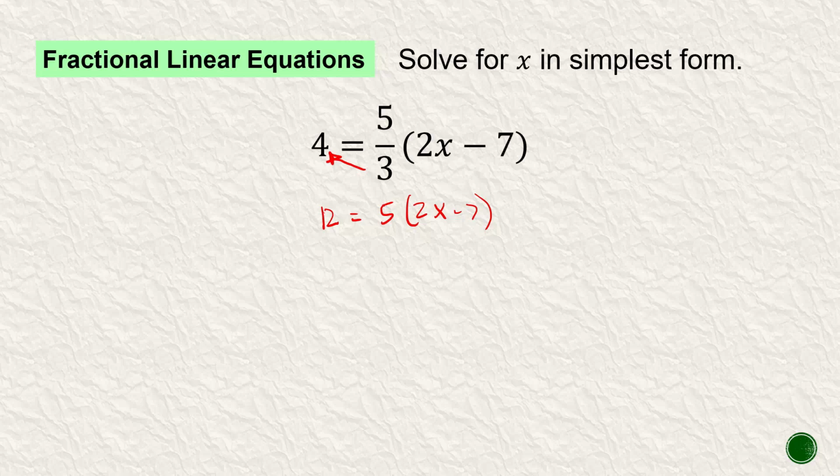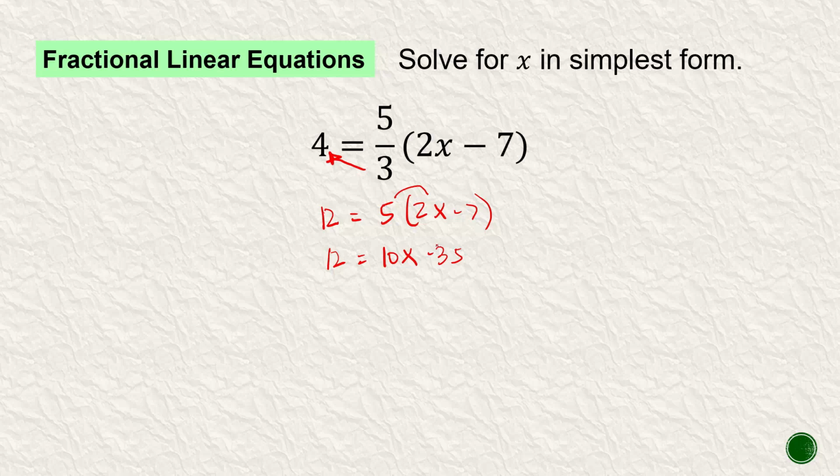The next step is you distribute the 5 to 2x and negative 7. So I'll just copy the 12 first. 5 times 2x is 10x. 5 times negative 7 is negative 35. Okay, so that's step number 2. Step number 3 is we want to remove that negative 35 because that's the number farther from x.